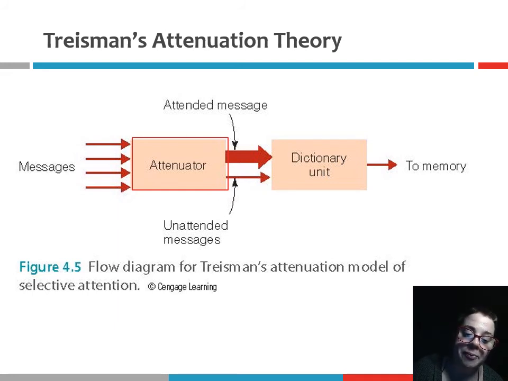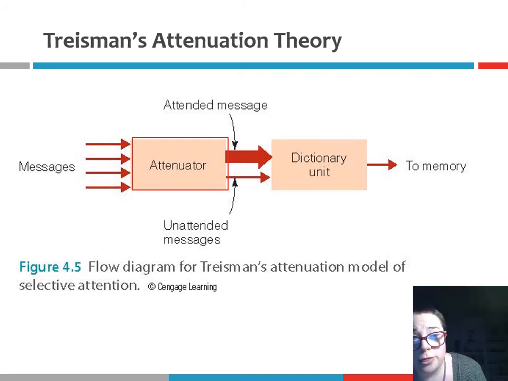So if something passes through at full strength, it means it's highly detectable by our attentional system. You can imagine it in terms of its amplitude. So the attended message passes through at full strength.